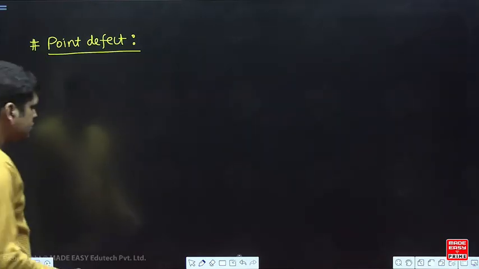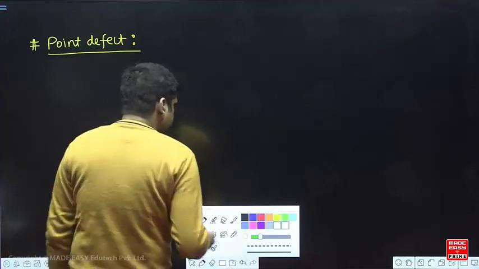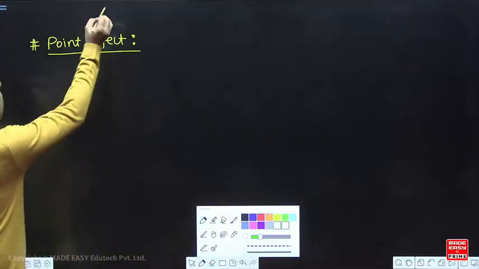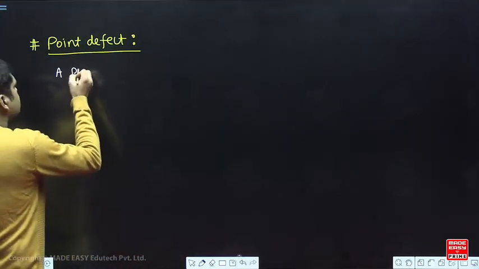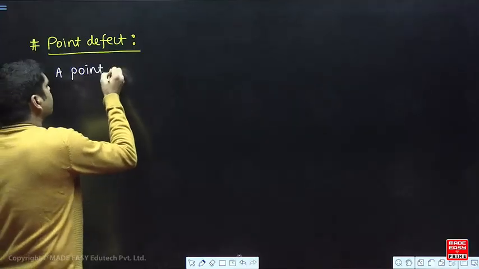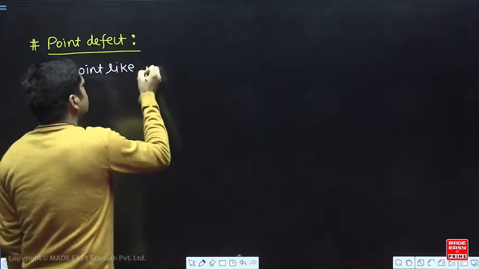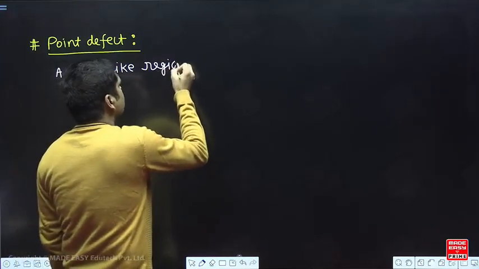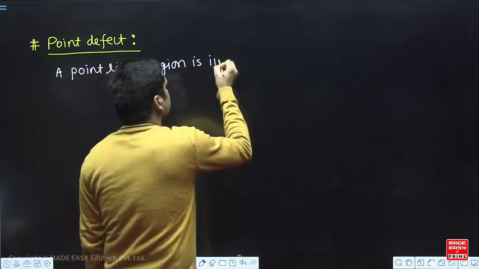Right. So here let's talk about a point-like region. A point-like region is imperfect.